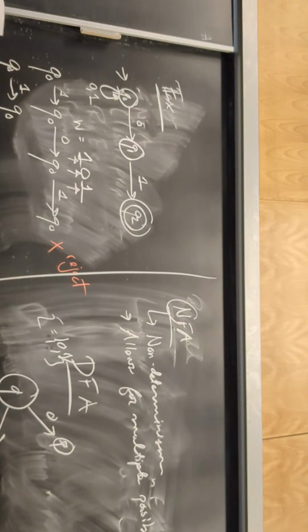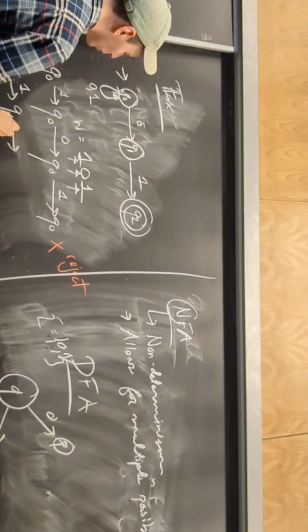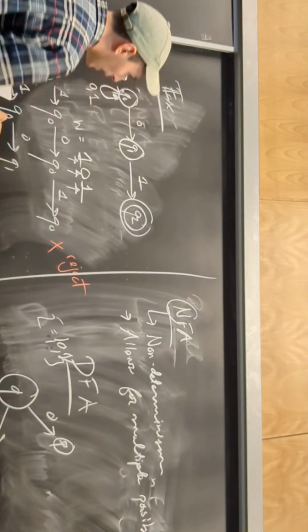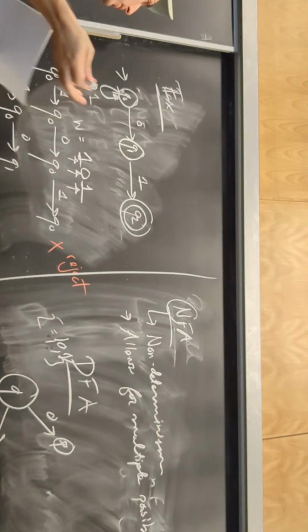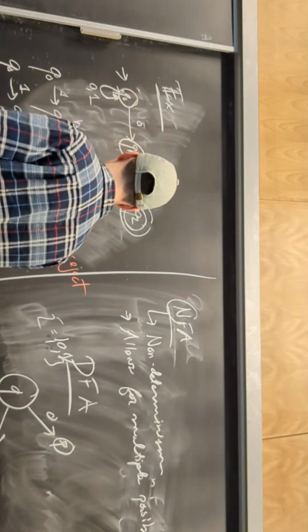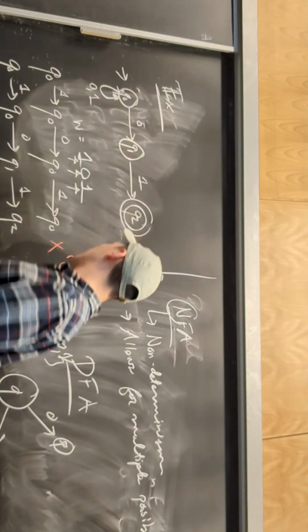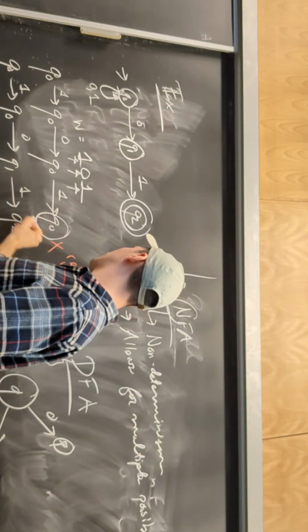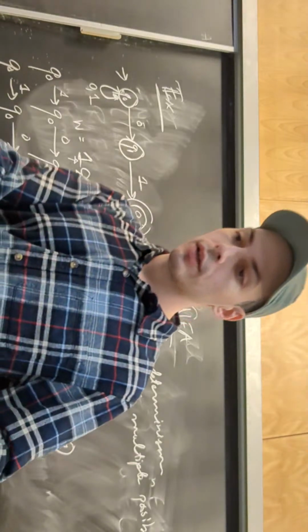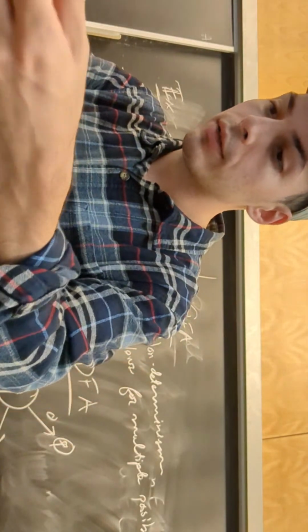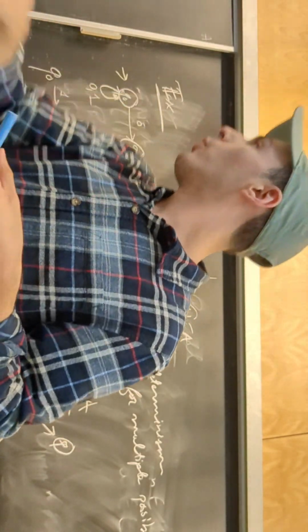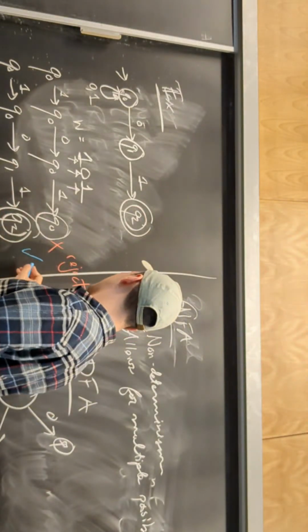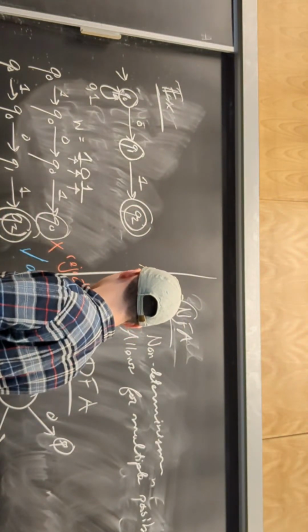Now from Q0, I'm going to guess that I have to go to Q1. And now from Q1, I have no choice, I have to go to Q2. So in this case, Q0 was not an accept state, but Q2 is. So that means that 101 gets accepted here. So this is an accept.